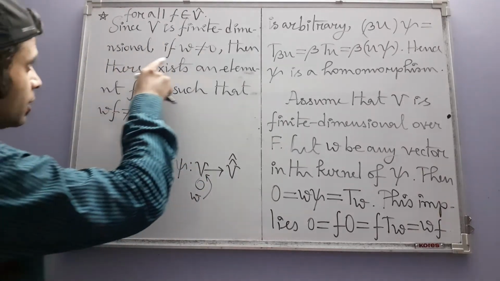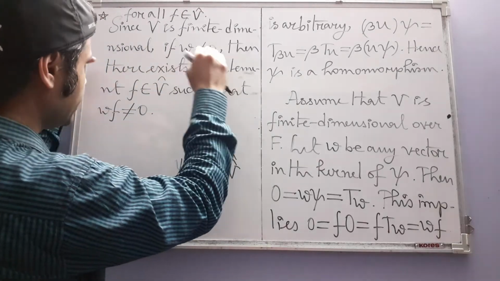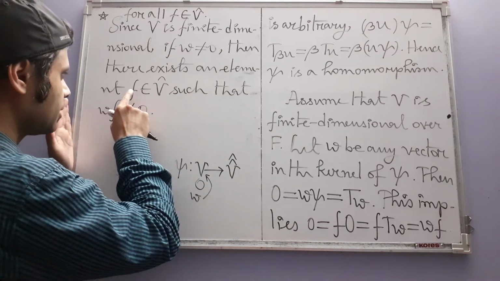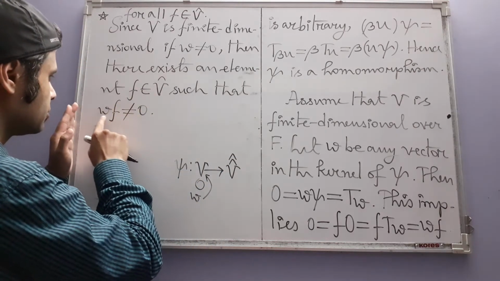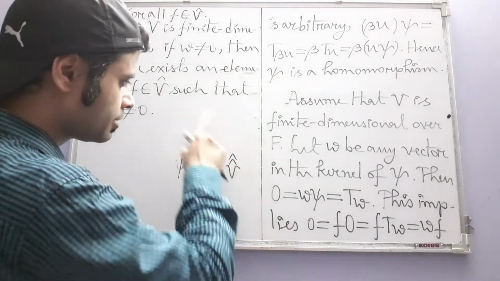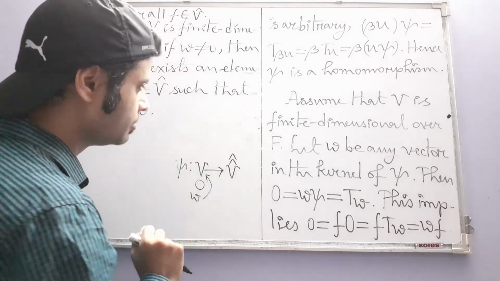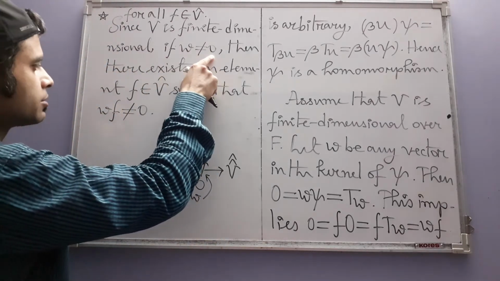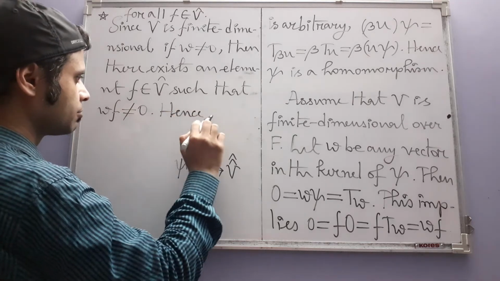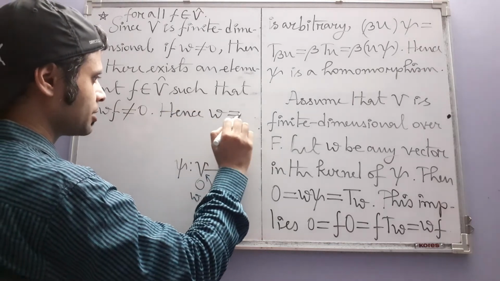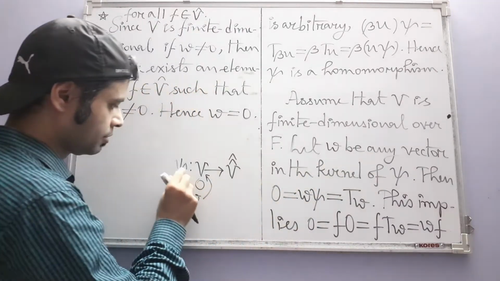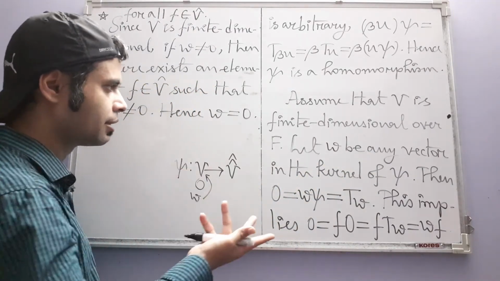But if W itself is non-zero, then finite dimensionality of the space demands that there is at least one linear functional which will not vanish at W. So these two things are clashing if W is non-zero. So hence W must be equal to 0. So the arbitrary element in the kernel of psi has turned out to be 0.